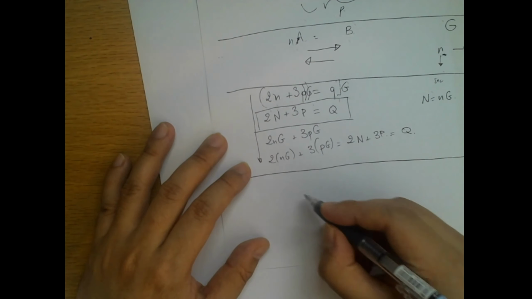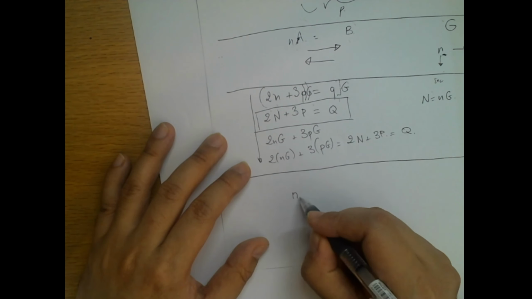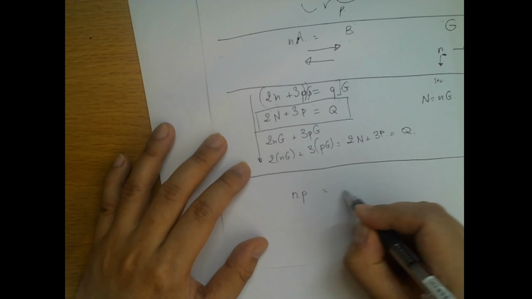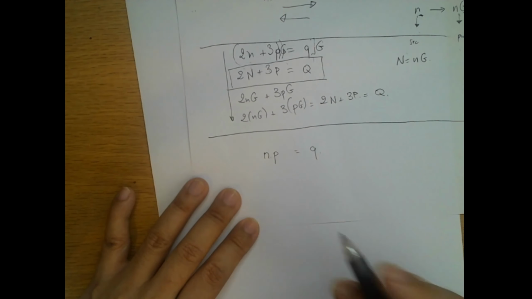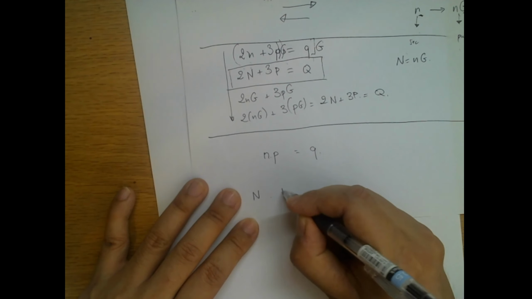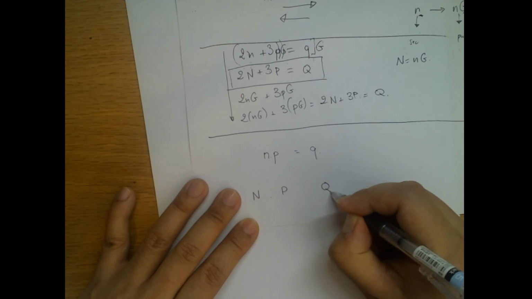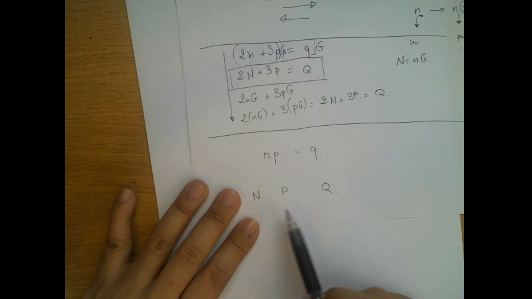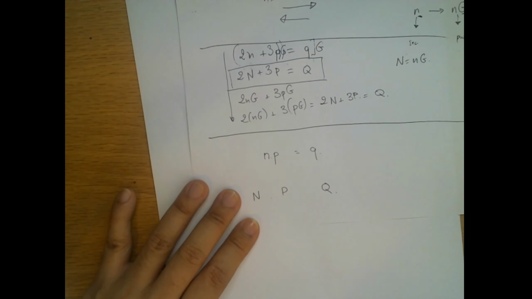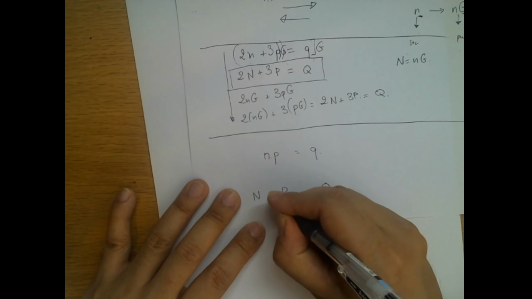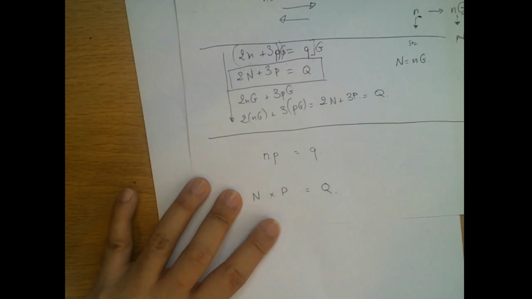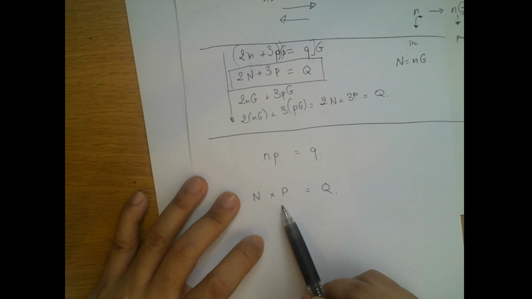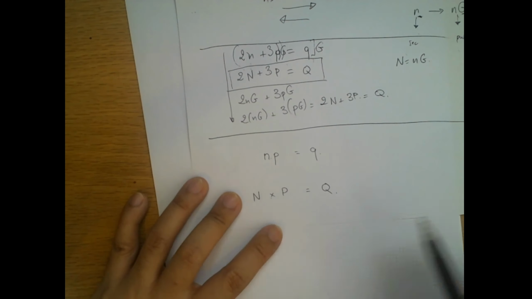If you have a relation like n times p equals q, this would not translate to anything that you can write about N, P, and Q. In particular, N times P doesn't even make sense, because there's no meaning to the product of two points.